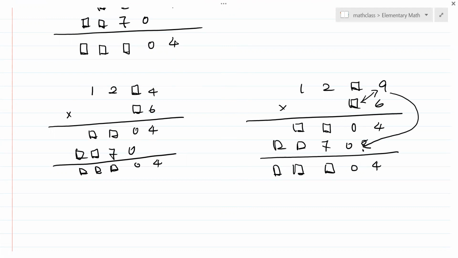Any non-zero digit times 9, you will never get 0. So this is impossible. Exclude that case. Because this 10th digit in the product, right? The second number, this multiplied by 9, you never create a 0. That's the reason this is impossible.